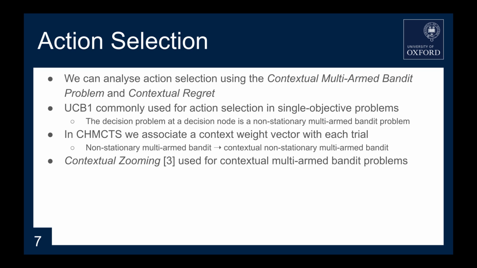And therefore, for similar reasons that the upper confidence bound method is used for action selection, we use the contextual zooming method for contextual multi-armed bandit problems to select actions. For the same reasons the upper confidence bound is commonly used in single objective problems, we decided to use contextual zooming for our action selection.